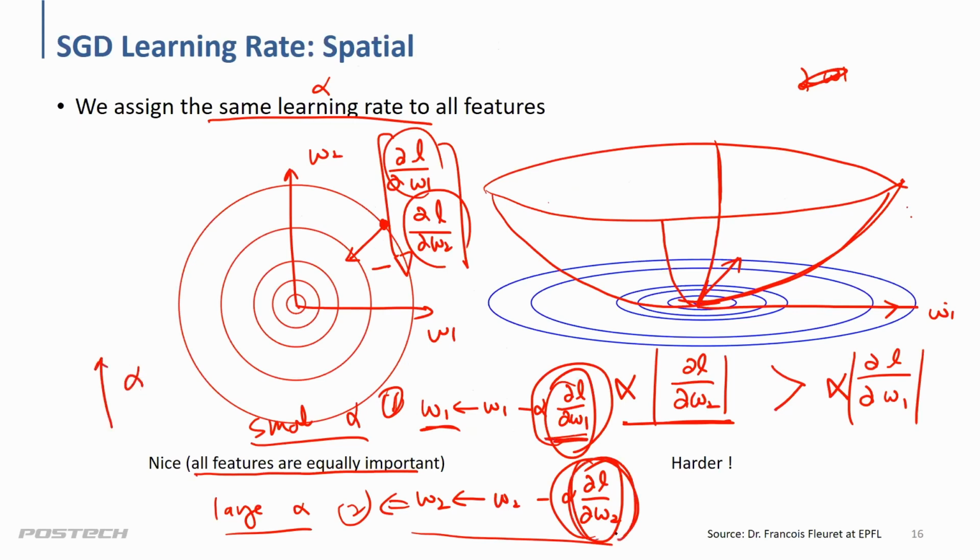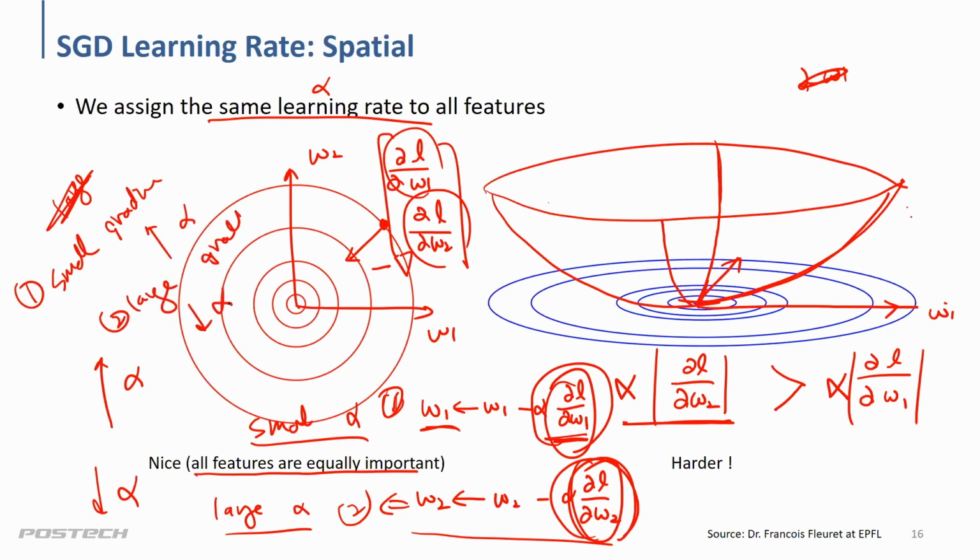For a larger value of gradient, I want to reduce the alphas. So if we have a smaller gradient, I want to increase alphas. That's the first thing. For a larger gradient, I want to decrease alphas.